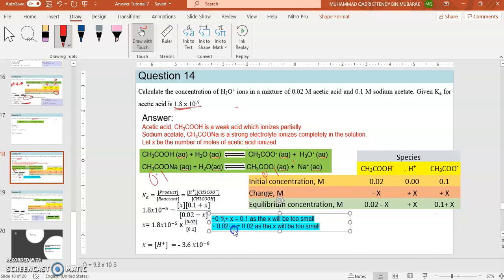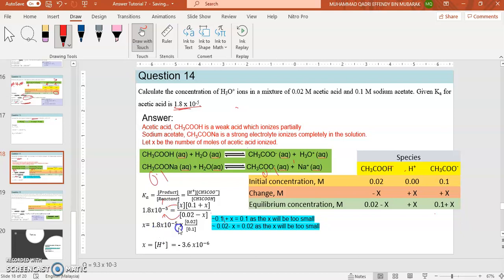That's why we just take the value of 0.02. So we rearrange everything here. We get x equals 1.8 times 10 to the power of negative 5 times the concentration of acetic acid over acetate ion, like this. We just move it to our left hand side.